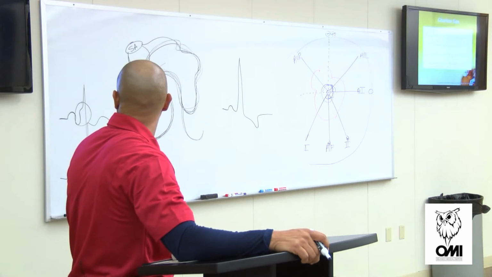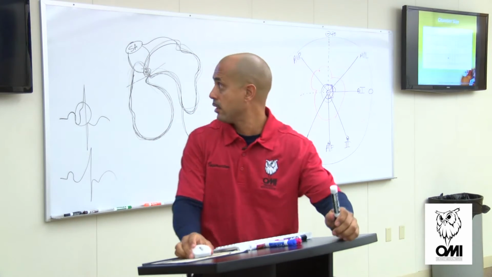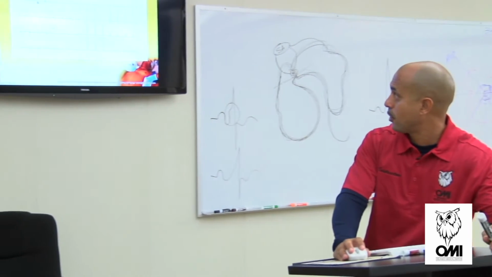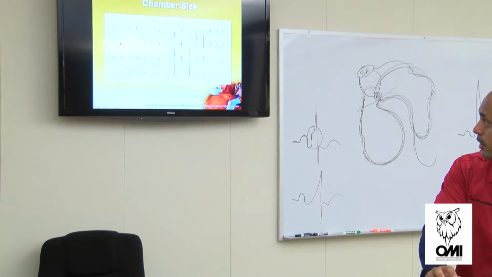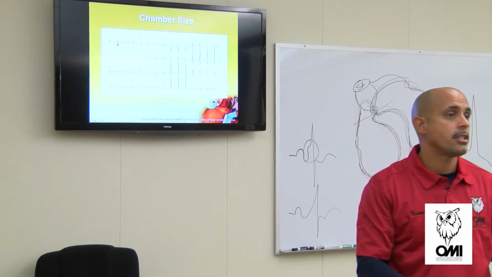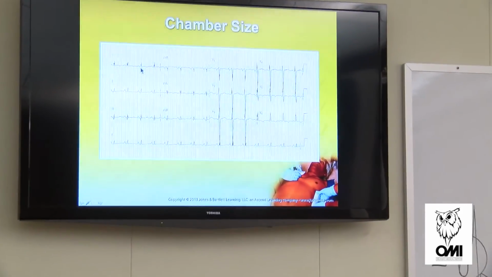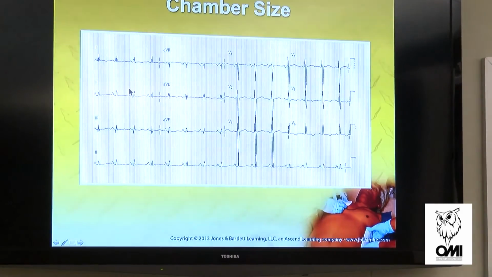So if you look at lead 1, I will point with the mouse. Look at the P wave. See how tall it is? It looks like it's part of the R wave, but it's not. You see how tall they are? They're big. This is right atrial enlargement. It's greater than 2.5 little boxes, and you could pick that up immediately.